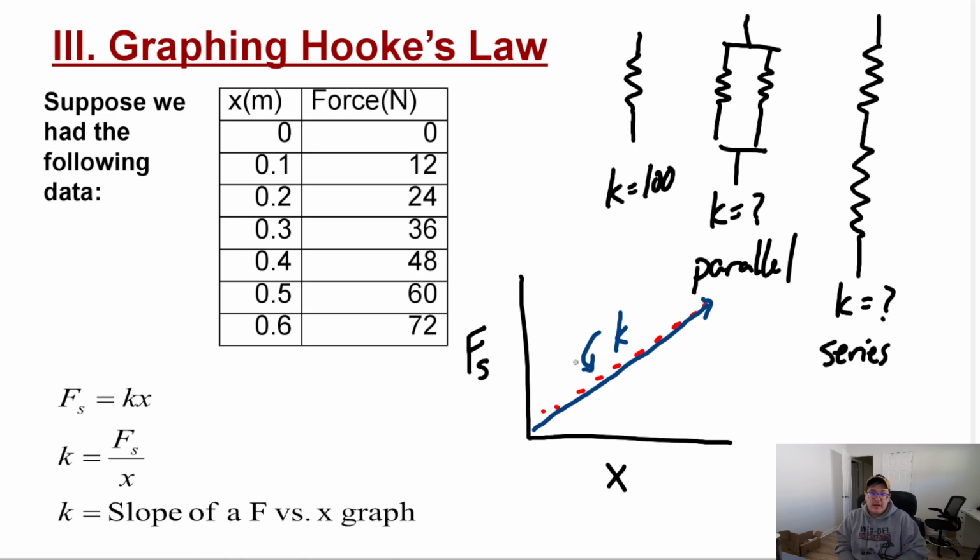Well, how does it change based upon if it's put in series or parallel? And so one of them, your K value is going to increase, and on the other one, your K value is going to decrease. And that's what you're going to try to find out and solve for your lab. I'm not going to ruin the surprise for you.